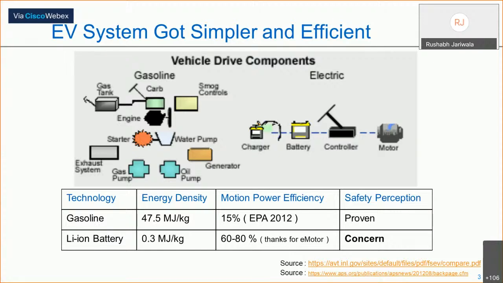But when it comes to the lithium-ion battery, mainly for electric and hybrid electric vehicles, its energy density is very low. But when it comes to motion power efficiency, what we achieve is almost 60 to 80%, which is very high compared to gasoline.